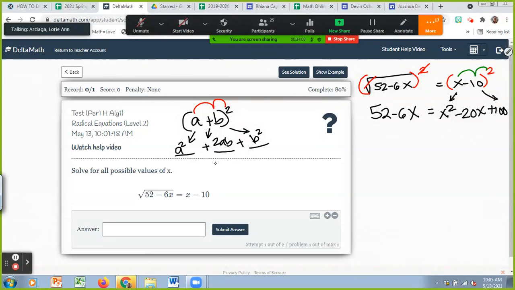Now, the same is true when you have a minus b squared. So square the first, square the last, because it's always positive, right? You bring down the sign and then do the McDonald's. 2 times b times a is 2ab.